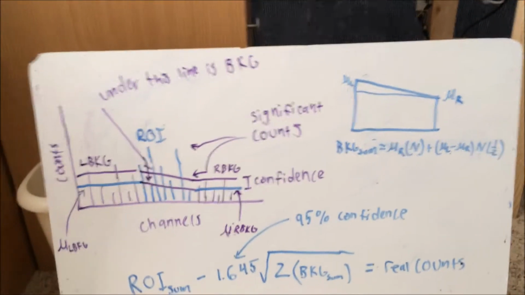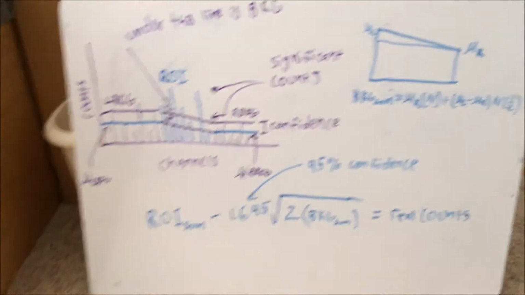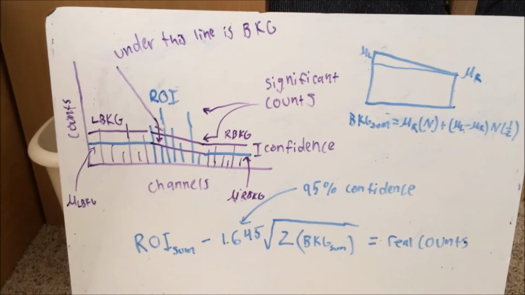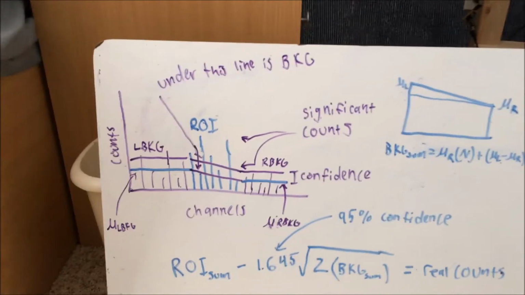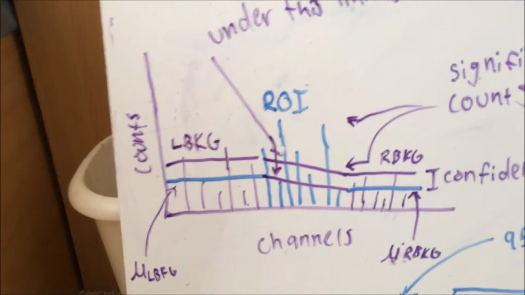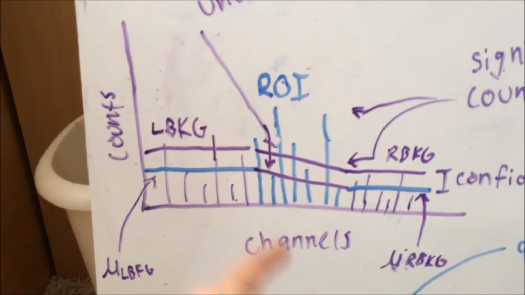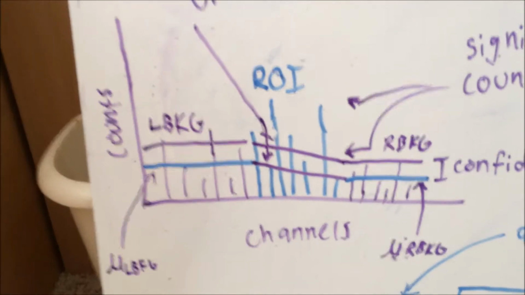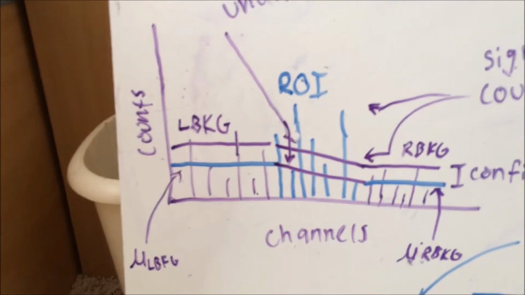Alright, so as I mentioned earlier, we are going to need to do some statistical analysis on that peak we got, just to ensure that it is actually real, and not just basically random fluctuations or whatever causing it. So what we're going to do, this is just an example spectrum to sort of demonstrate the point. Each of these lines represents a channel, and then the height of the line represents the number of counts, just like the normal spectra.